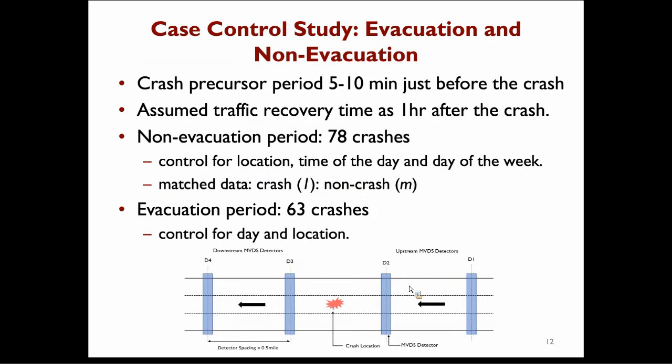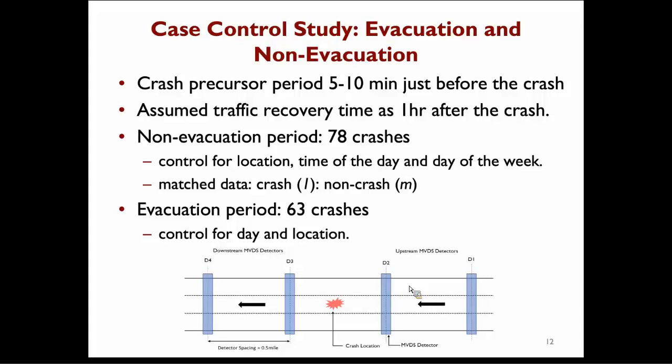For the non-evacuation period, we have 78 crashes, and for this approach, we actually use a case control study, where we collected both evacuation and non-evacuation data to understand how the likelihood of a crash changes during the evacuation period and the non-evacuation period. For every crash, we have a crash precursor period of 5 to 10 minutes just before the crash, and we assume that the traffic recovers within 1 hour after the crash.